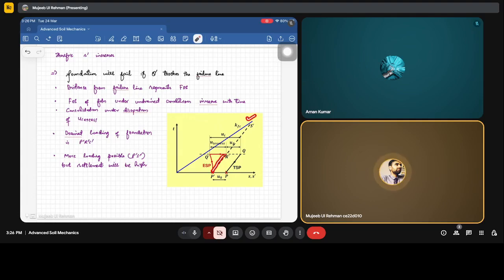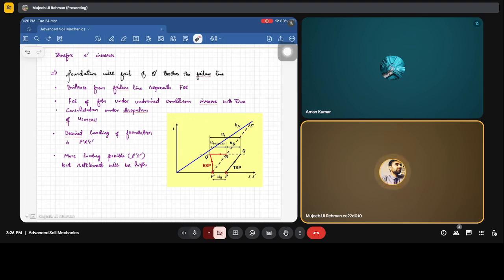So it may be the case that if we load the sample up to this point, the soil may settle more than the limits, or the foundation will cause a settlement in the soil, which will cause the failure of this foundation. Or as the soil fails, the foundation may tilt, or it may undergo failure. So we can say that in the drained condition, there are chances that the settlement will be high because the soil has a tendency to take the higher load.